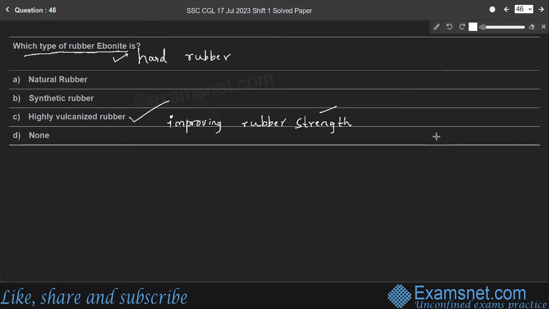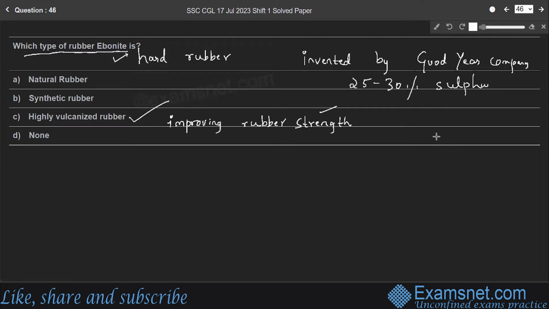It was invented by the Goodyear company. It is obtained by vulcanizing natural rubber for a prolonged period. It has 25 to 30% sulfur.